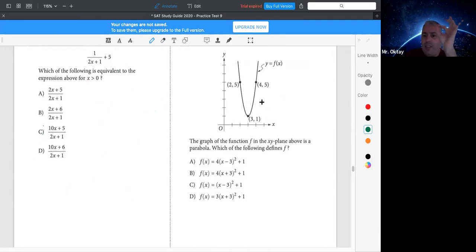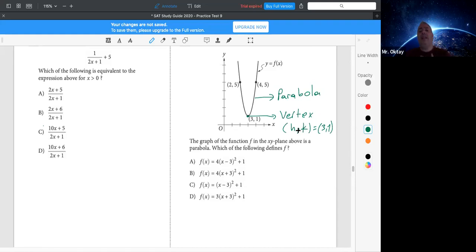When we look at here, this is a parabola, right? For the parabola, this is called the vertex. The vertex coordinate is h comma k, which is given here as 3 comma 1. Now be careful. Please memorize this if you do not know.